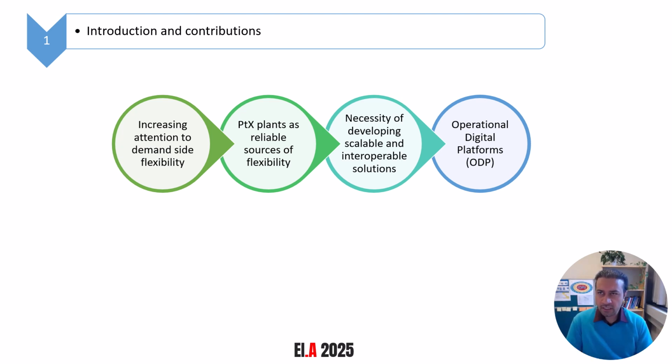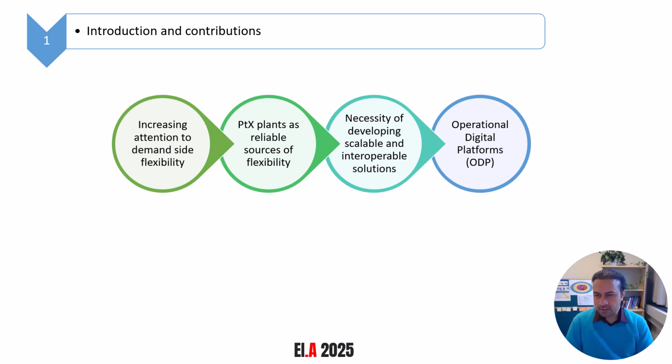But on the other hand, we need to make some development in the services and provide new hardware and software solutions to make the participation of these P2X plants in demand-side flexibility services easier. And for this purpose, we need scalable and interoperable solutions.